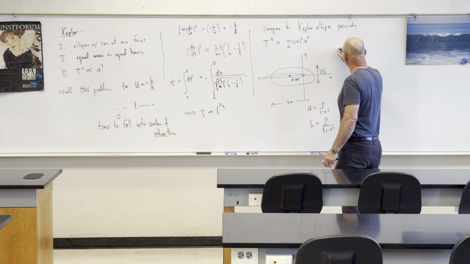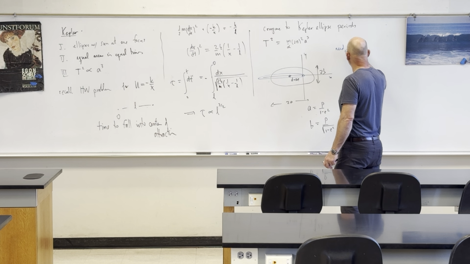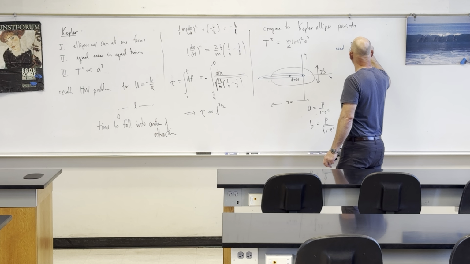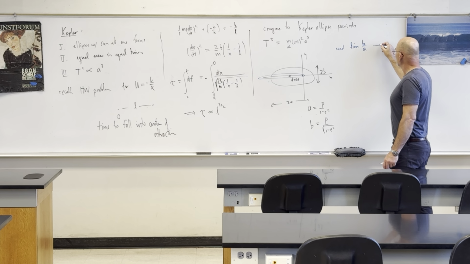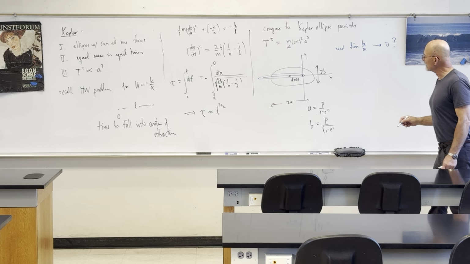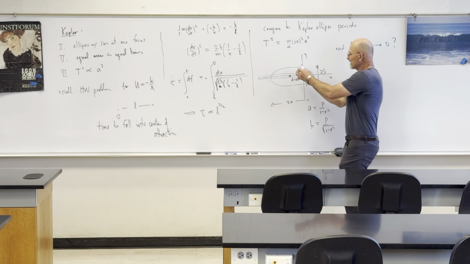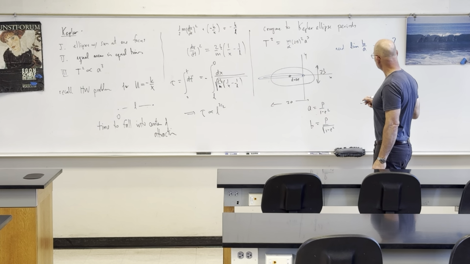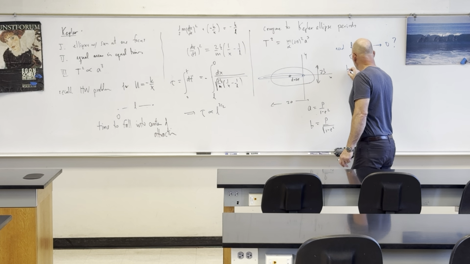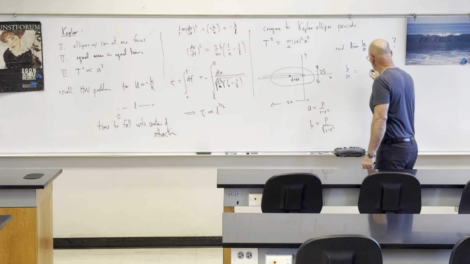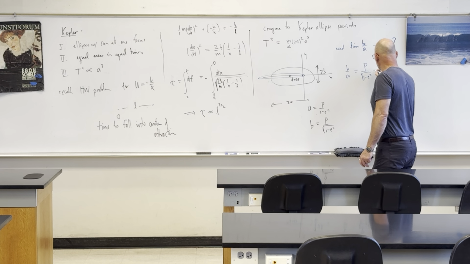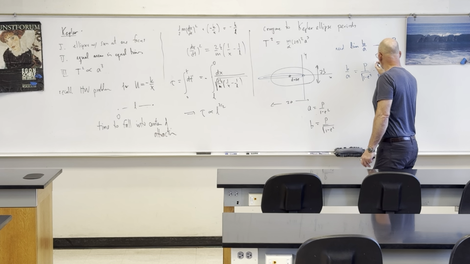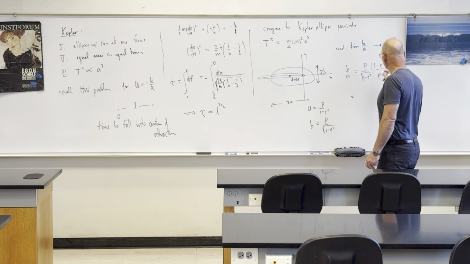So what we need is the limit as B divided by A goes to 0. That's the idea. It's supposed to get really flat compared to its length. And B over A is equal to P over root 1 minus e squared, divided by P over 1 minus e squared. So the P's cancel.